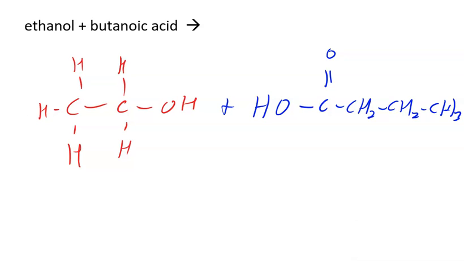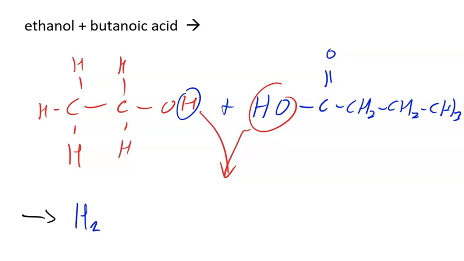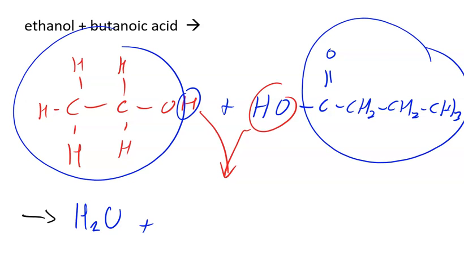So here we are. We are going to remove the H from here and remove the OH from here, drop that out to form water. So one of my products will be water. We have to remember the law of conservation of mass. And then we're going to draw this part of the alcohol and this part of the acid and just pin them together.